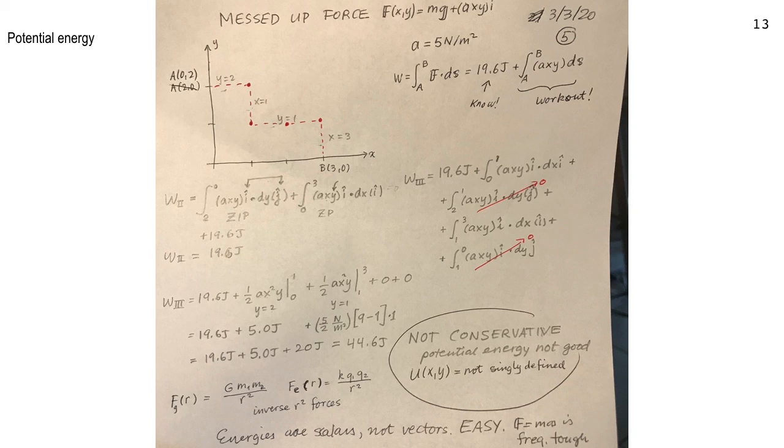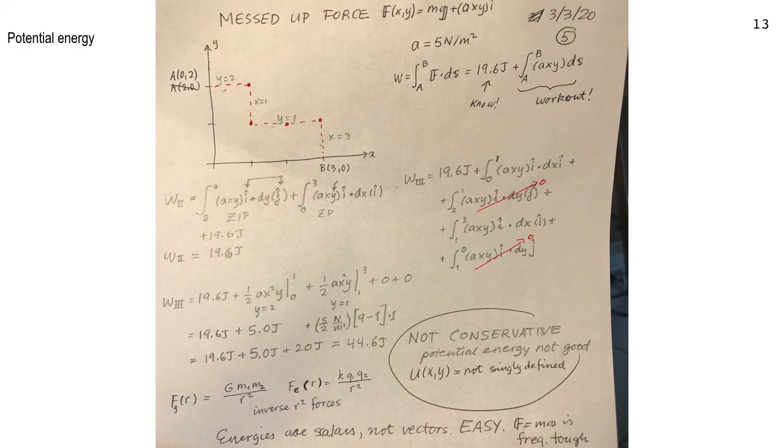All right, let's try one that's messed up. 3, 3, 20. Okay, this is number 5. All right, so let's try a messed up force.